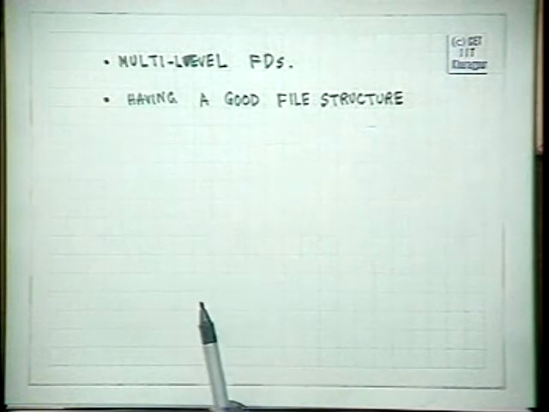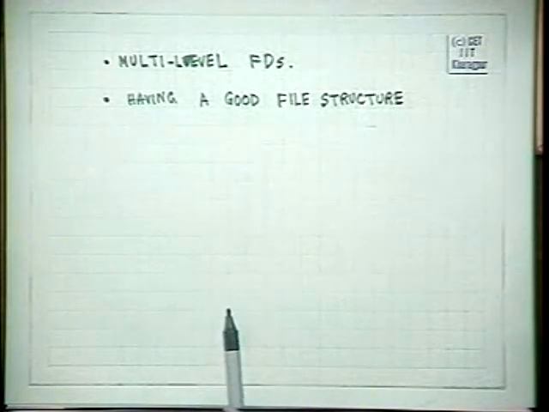Therefore, study of file structures, the various file structures that are possible, is also an important aspect in the design of a relational database after you have decomposed at a certain level.